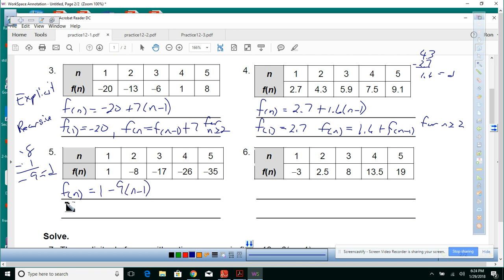And that's for the explicit. For the recursive, f of 1 equals 1, and f of n equals f of n minus 1 minus 9, for n is greater than or equal to 2. Not a problem. Go ahead and try 6 on your own.